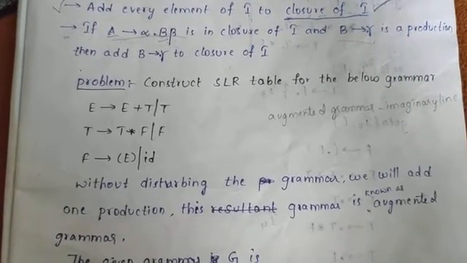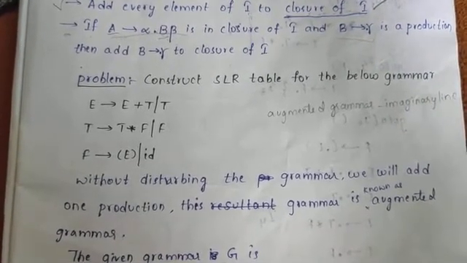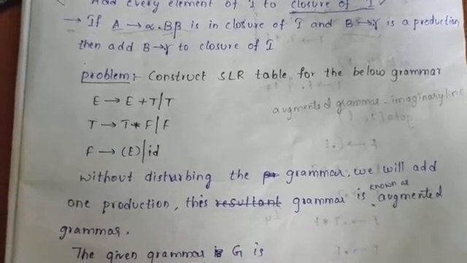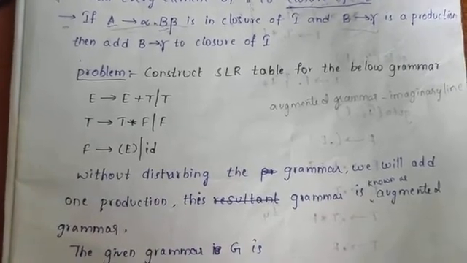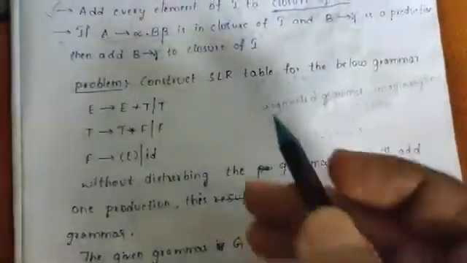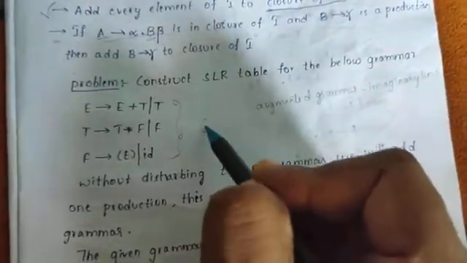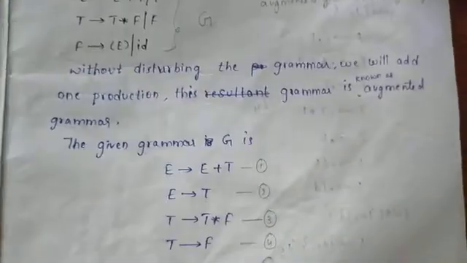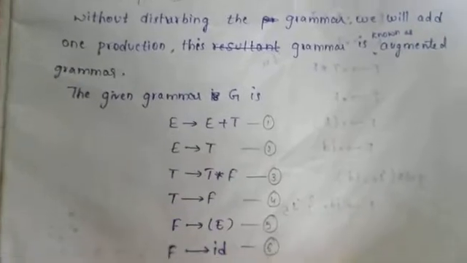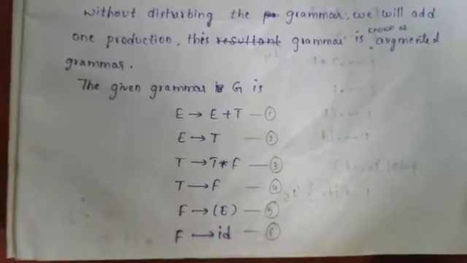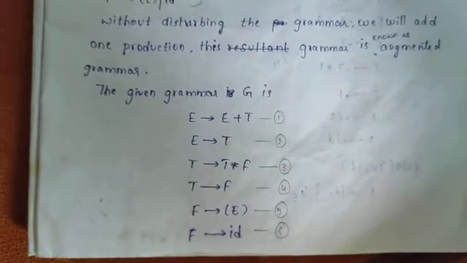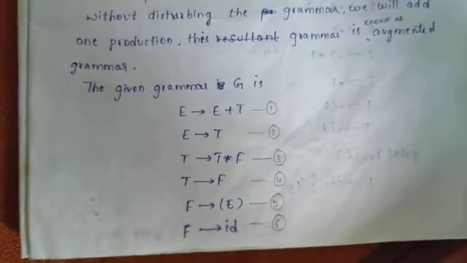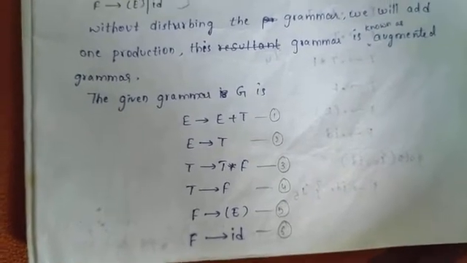The given grammar is E tends to E plus T or T, T tends to T star F or F, F tends to open brace E close brace or ID. We call this grammar G. Grammar G can be split into individual productions: E tends to E plus T, E tends to T, T tends to T star F, T tends to F, F tends to open brace E close brace, and F tends to ID.